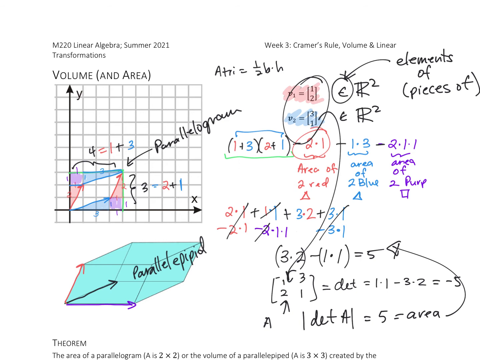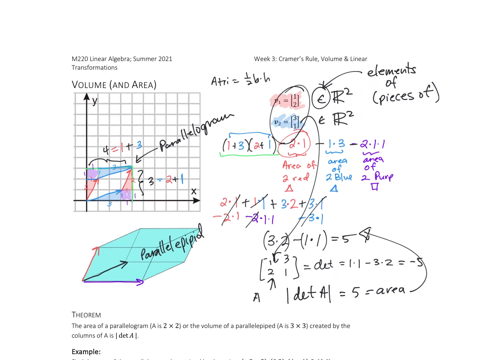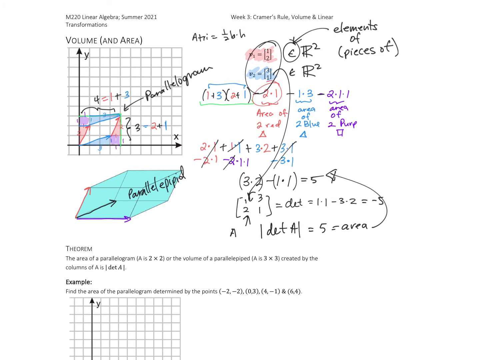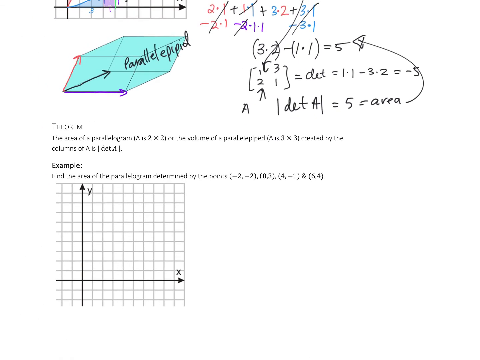So if you ever have one of those pink erasers, that's kind of what a parallelepiped looks like. Now, it could be a little bit of a skewed parallelepiped, but that's kind of what it looks like. It's fun, right? So our theorem says that we can find the volume or the area by finding the matrix where the columns are the vectors that were given, and we find the absolute value of its determinant. Yay.